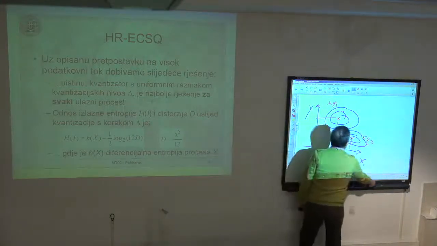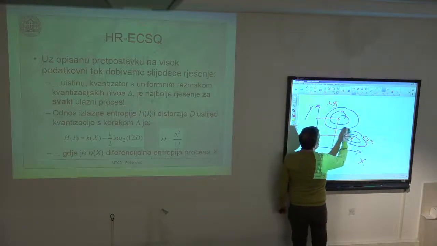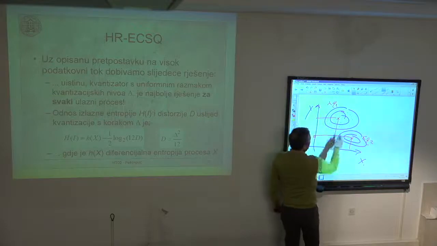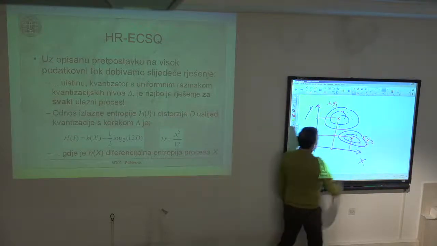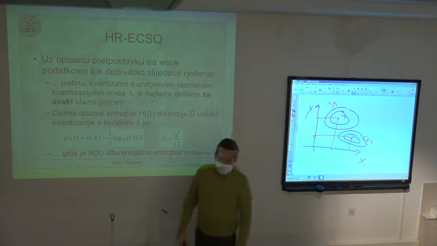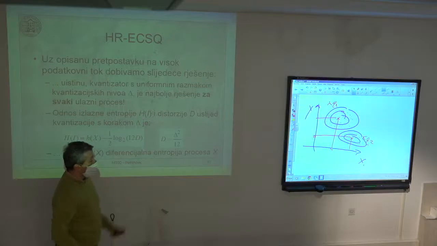So the process is actually something like this. So these points are the actual process. So we have one process here and another process here. Okay. And now if I add one additional representative, one additional level to model this process, where should I put it?